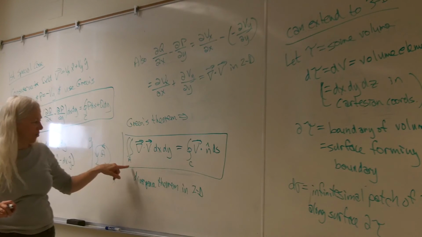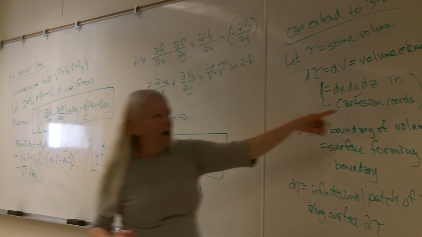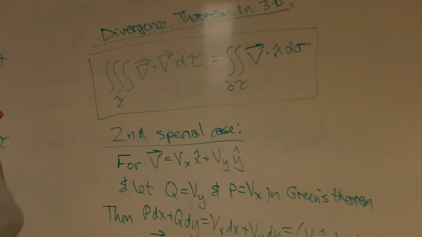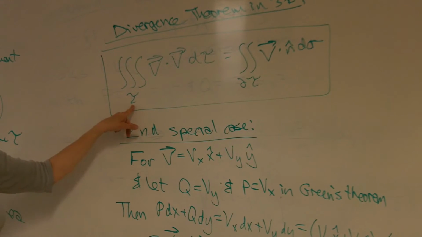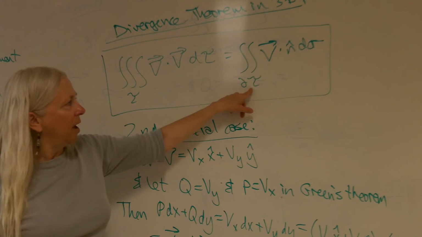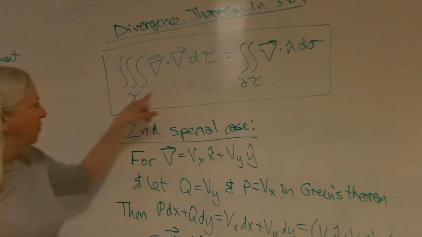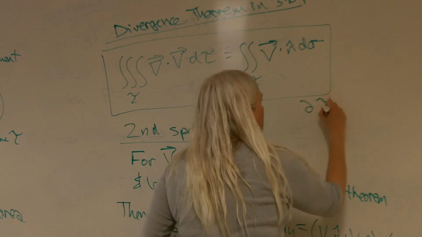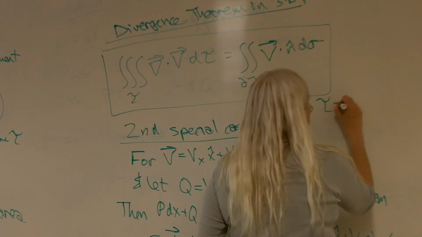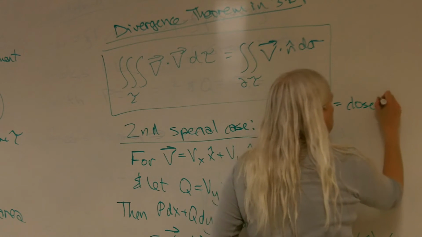Because it formed the boundary of this area A, and that means it had to be a closed curve. When we did the 3-dimensional version of the divergence theorem, we were integrating over some volume here on the left-hand side, and so the area integral on the right-hand side involved the area that formed the boundary of that volume. Notice that that area, delta sigma that I used to call here, is a closed surface.